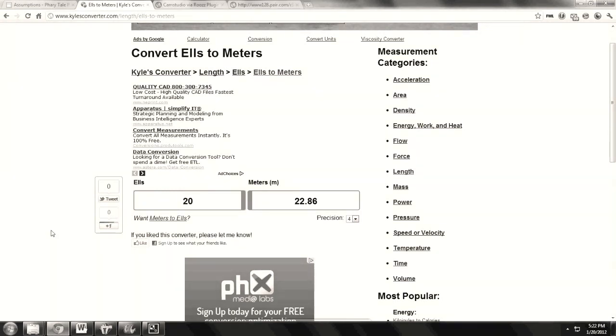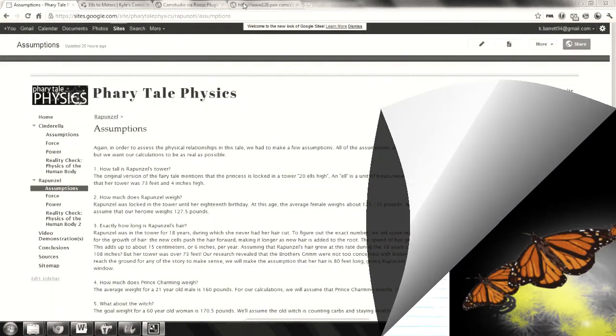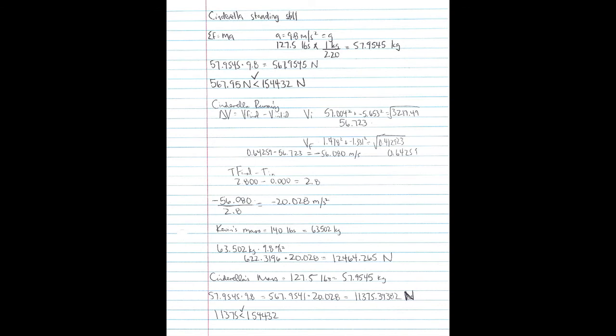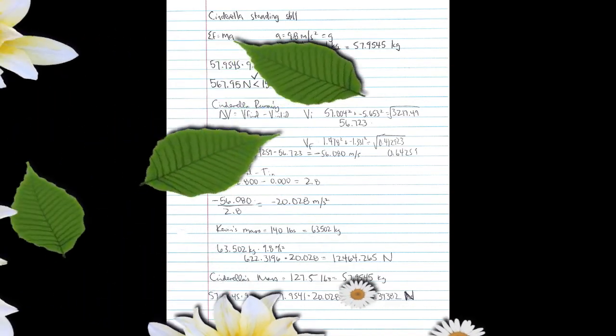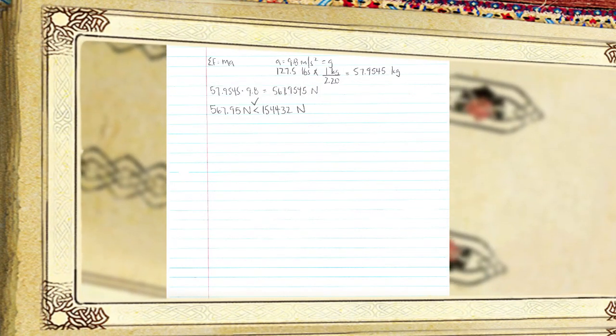We checked out some of the world records for rope climbing and found a record for a man who would have been exactly the same age as Prince Charming. Then we used that number to figure out about how fast Prince Charming could have climbed up Rapunzel's hair, which is essentially exactly like a rope. We then used that number to base how long the witch would have taken to climb up her hair. That's the process that we went through for all of these assumptions.